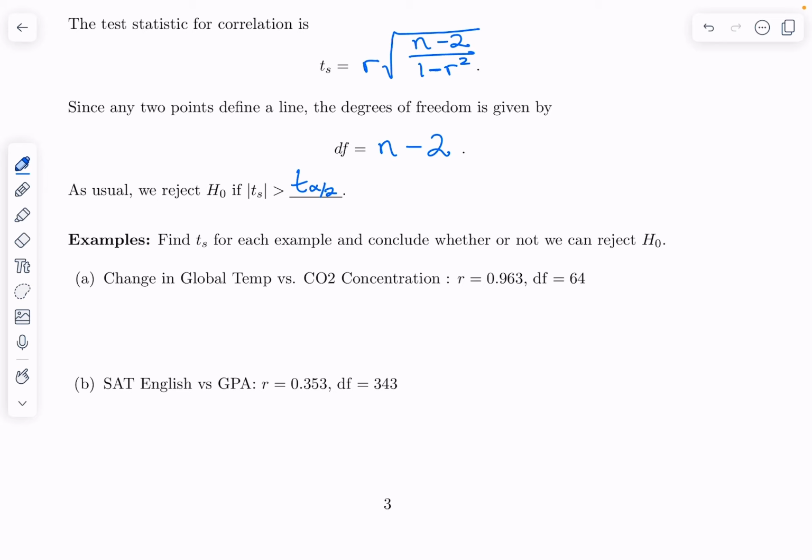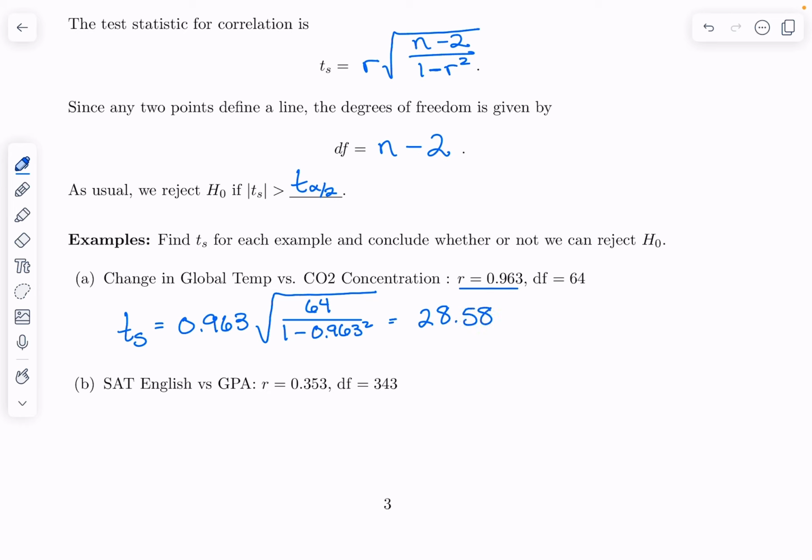The first one is our global temperature versus CO2 concentration data, where previously we discovered that the correlation coefficient was in fact 0.963. And so the t statistic is equal to 0.963 times the square root of our degrees of freedom, which is 64. So that's our total 66 data points, minus 2. And then this is going to be over 1 minus our correlation coefficient, 0.963 squared. Now, if we work that out, that's going to end up being 28.58.